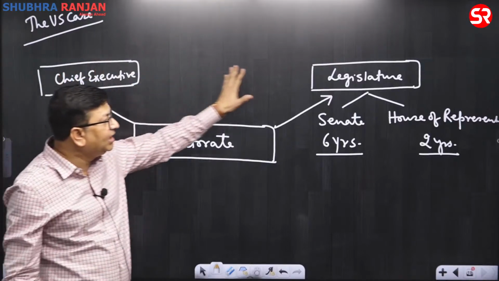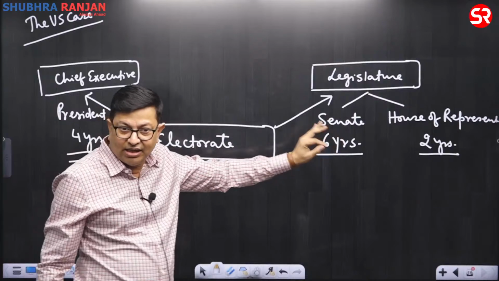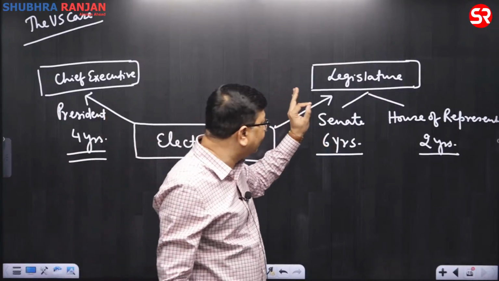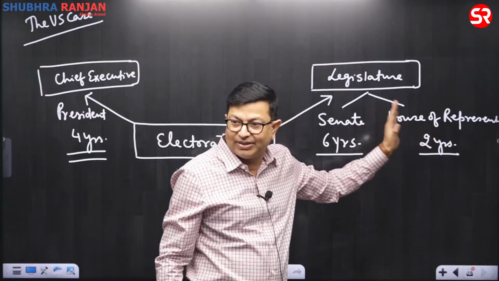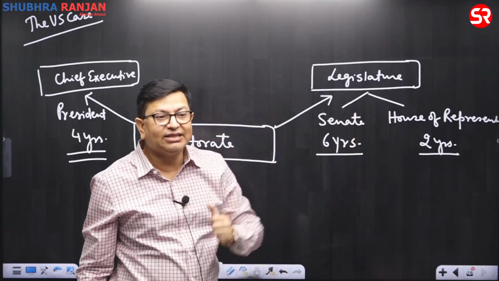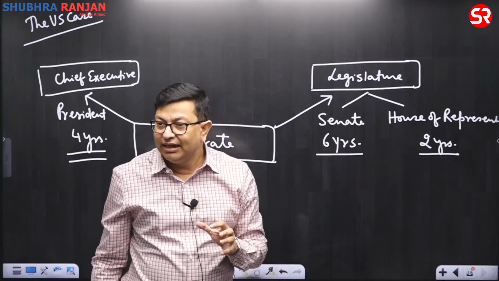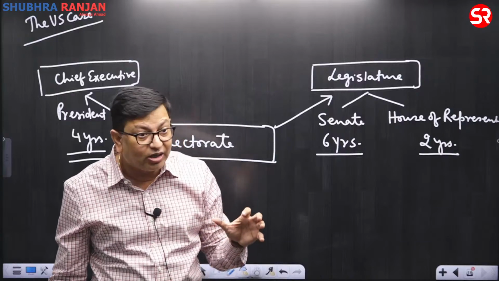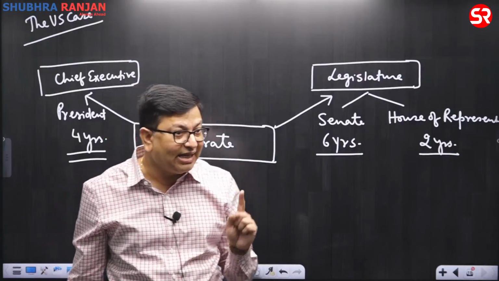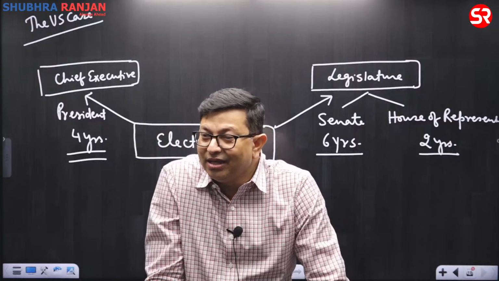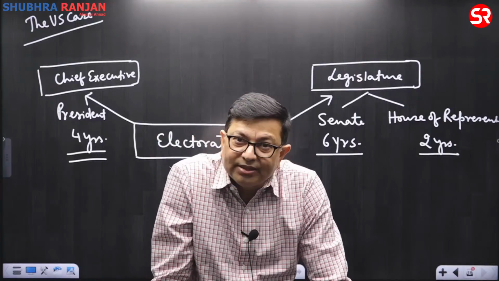They must not be the members of either the Senate or the House of Representatives. We have got many instances when a senator is appointed as a minister or a secretary and he resigns from his membership of the House.